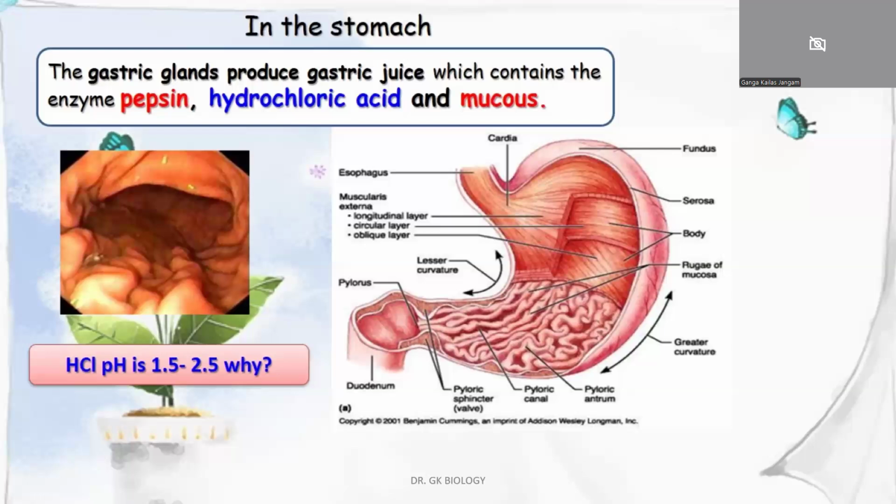Next, what is the function of the mucus? The mucus is a jelly-like substance which protects the inner walls of the stomach. As you know, HCl is corrosive in nature. How is our stomach protected from this HCl? By having a layer called mucus, which helps to protect the inner walls of the stomach.